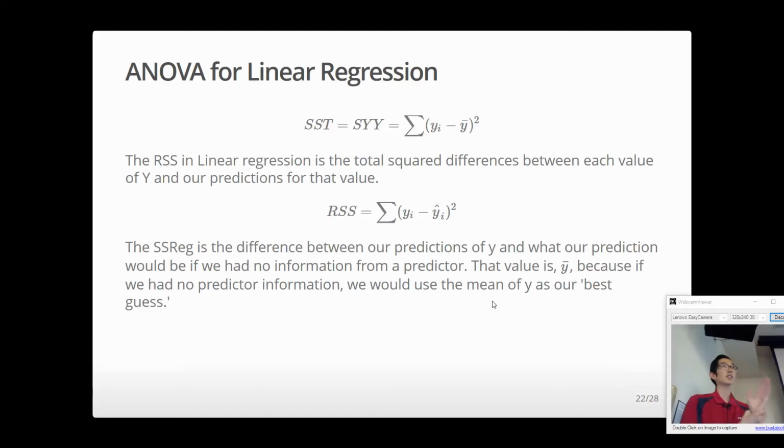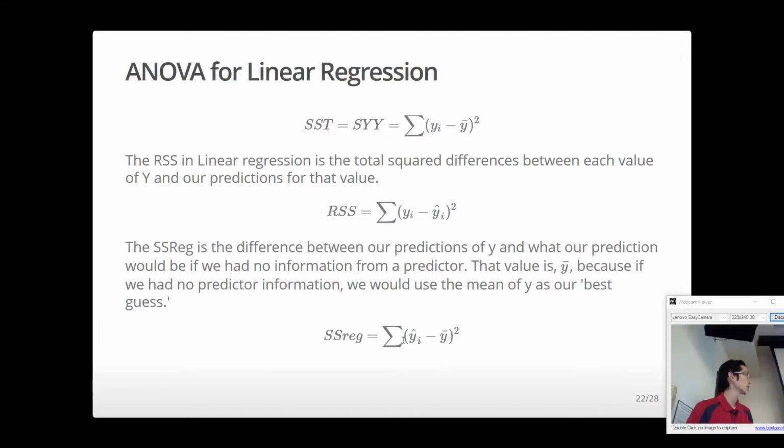And we said the mean. If you didn't know anything, the best guess you should make is the mean if you're using the squared loss function or penalty function. So the difference between the prediction that we make, y hat, and y bar is our sum of squares regression.